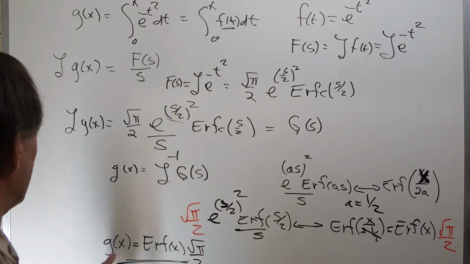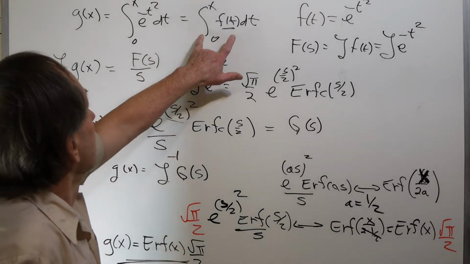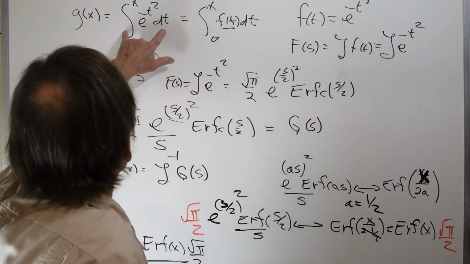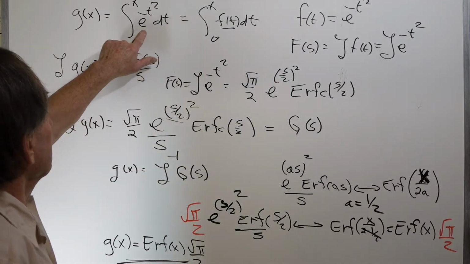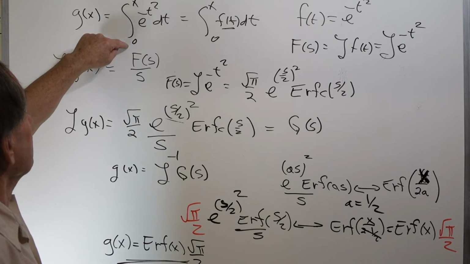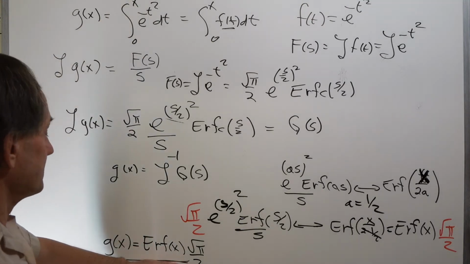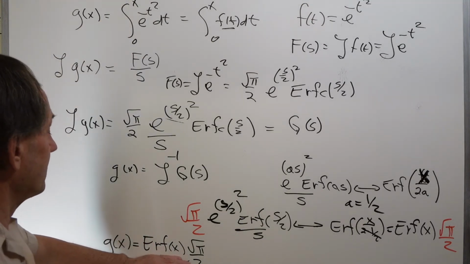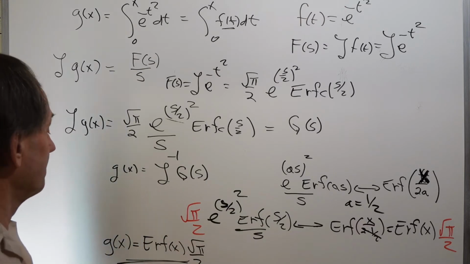So that is the value of this function. If we integrate e to the minus t squared from 0 to x, this is the result: the error function of x times the square root of pi over 2.